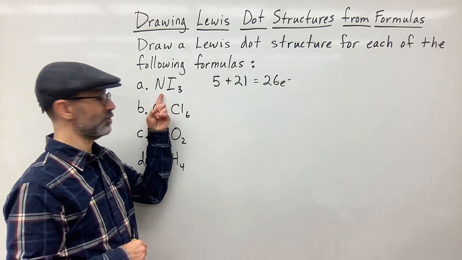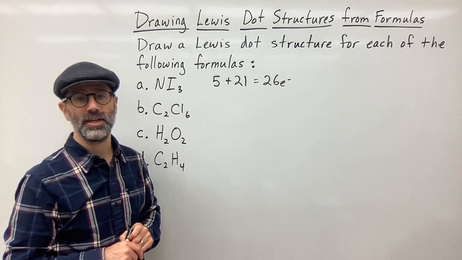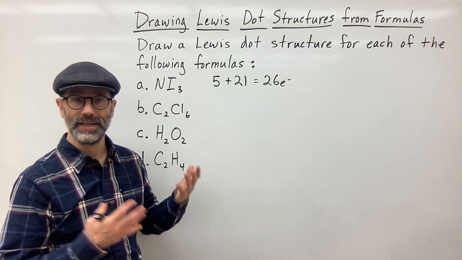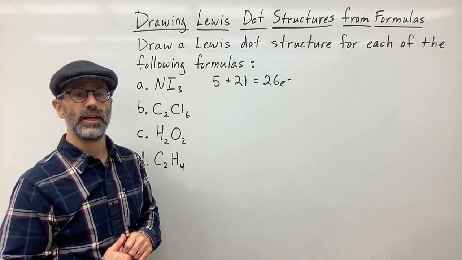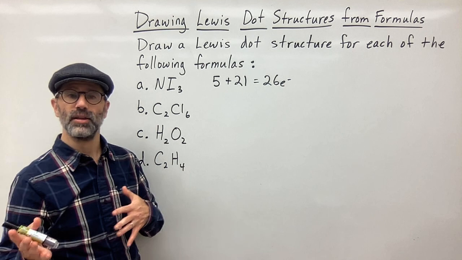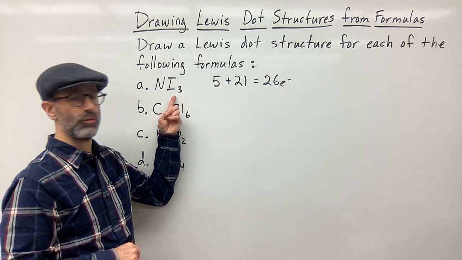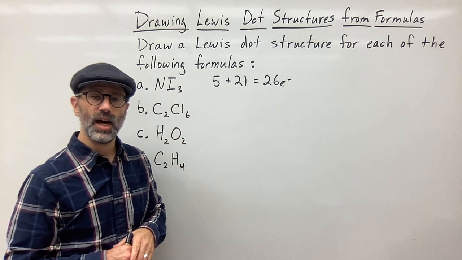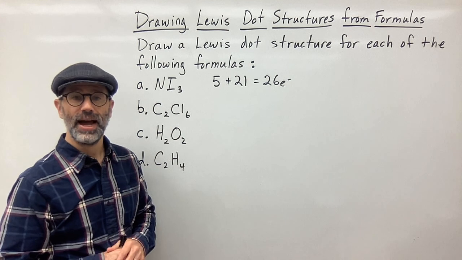Iodine is more electronegative compared to nitrogen, so you would suspect that nitrogen is going to be your central atom. Also, you would look at the relative numbers of these elements. Here I have 3 iodines and only 1 nitrogen. The one you have less of is usually going to be your central atom.